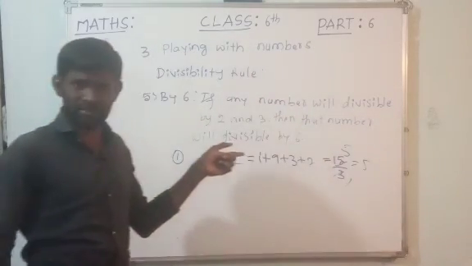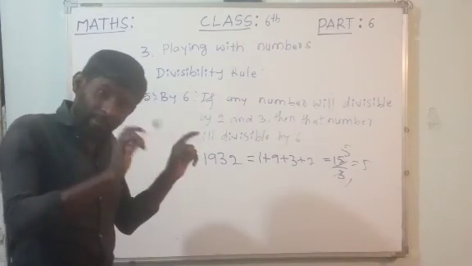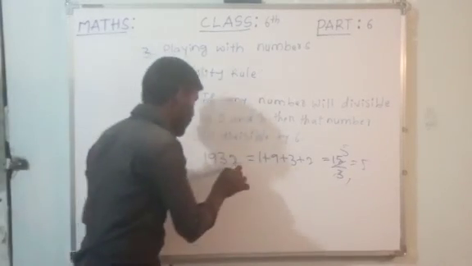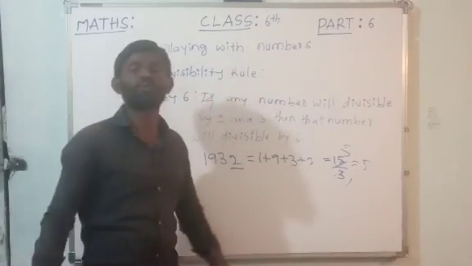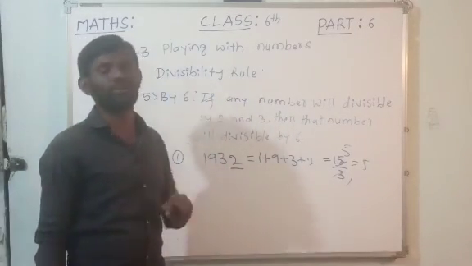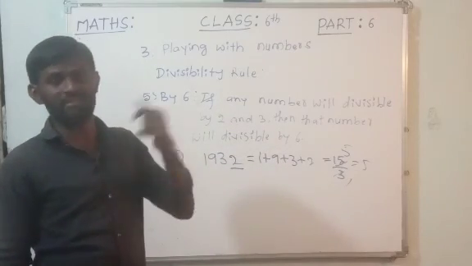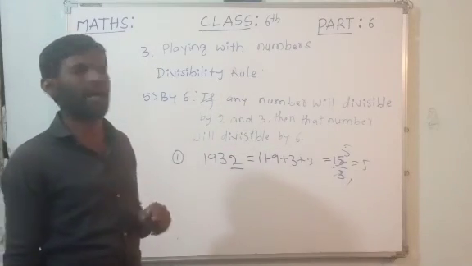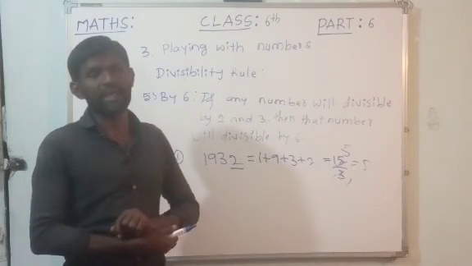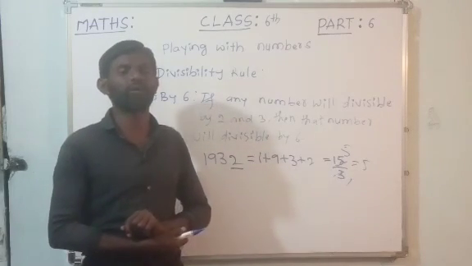This number is divisible by 3. This number is also divisible by 2, why? Because this number ends with 2. So 1932 is divisible by 2 and also by 3, that's why this number is divisible by 6.